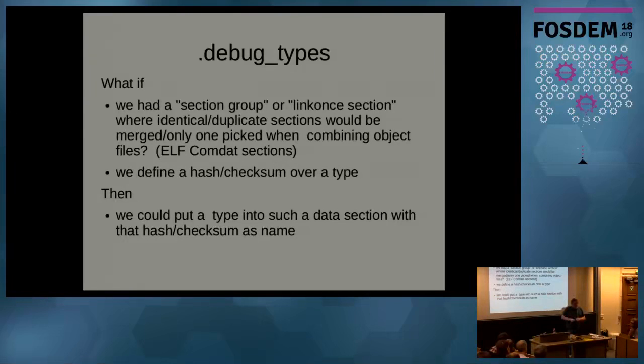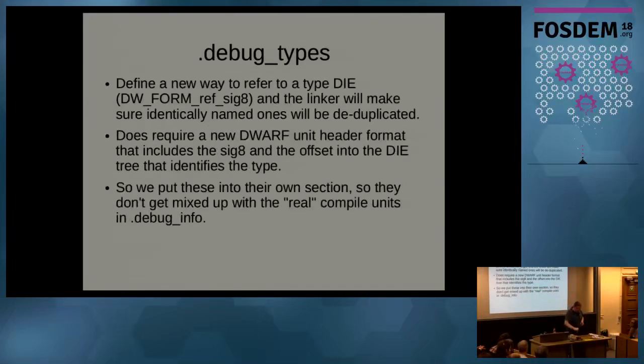Well, that's basically what debug types do. It was actually an extension for DWARF3 integrated in DWARF4. And the only thing you then need is a way to reference a type with a signature or hash.